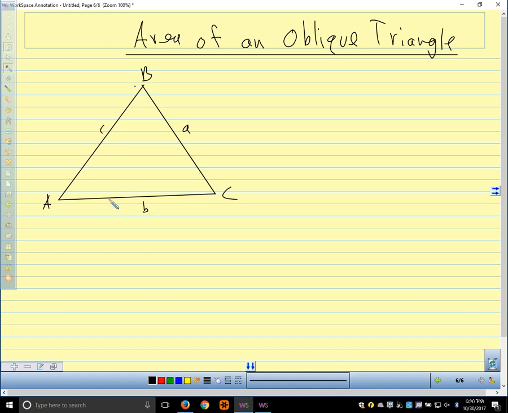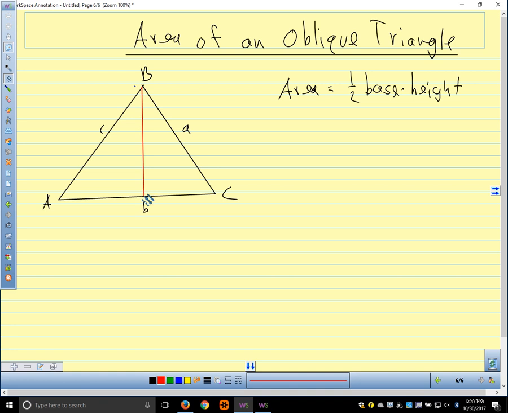What's the area formula we know for a triangle? Area equals 1/2 base times height. Well, let's draw in the height like we've been doing the last couple of lessons. So there's my height, and we know that in this case, the height is C sine A.